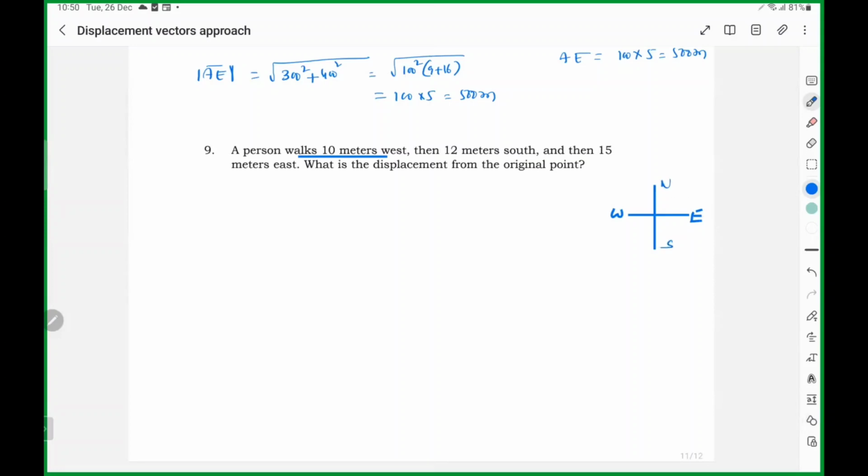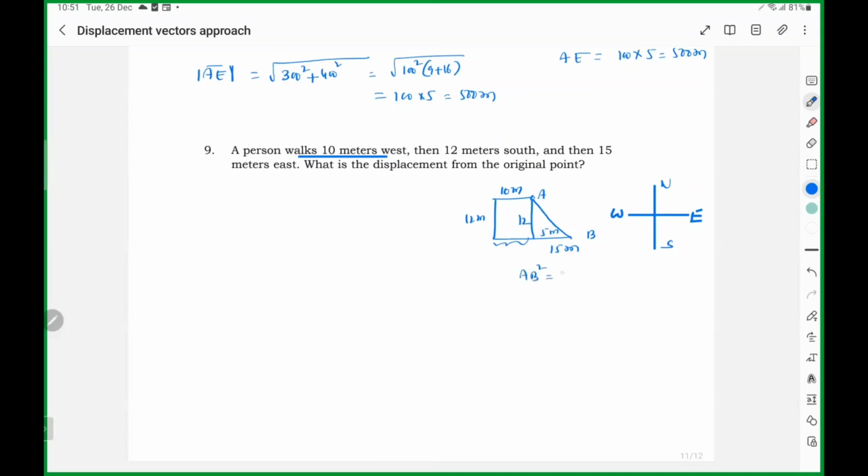So I'll use one method to solve the remaining problems. You solve by using the other method. 10 meters towards west, 12 meters towards south, 15 meters towards east. This is initial, it is 5. So till here is 10 meters, it will be 5, it is 12.